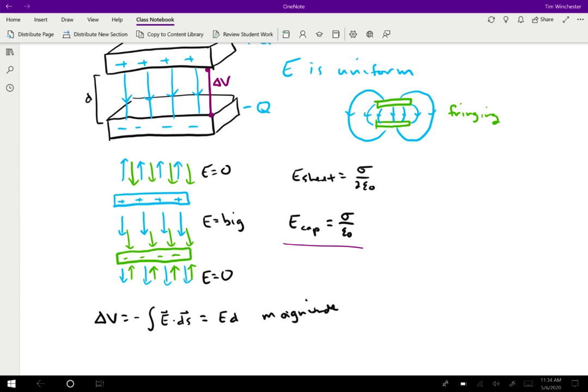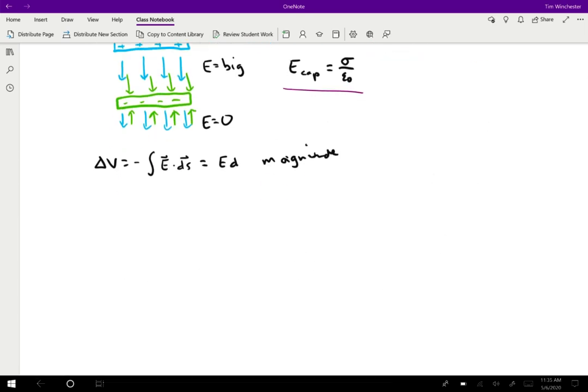Well, what was the formula for capacitance again? The defining relationship is Q equals C delta V. So C is then going to be Q over delta V. We have an expression for delta V, and we have an expression for Q. The delta V is going to be E times D, and Q is Q. And the electric field is sigma over epsilon naught.